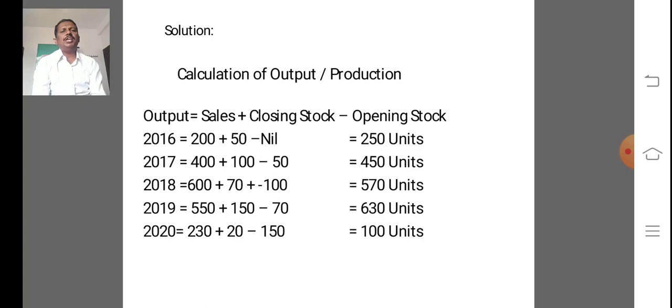In 2018, 600 plus 70 minus 100 is equal to 570.